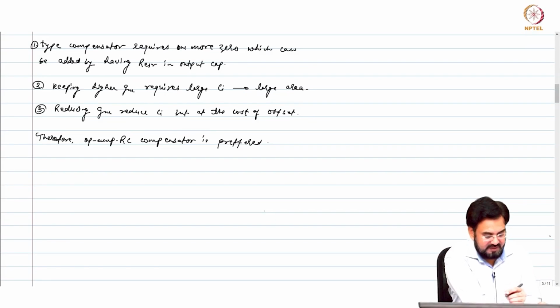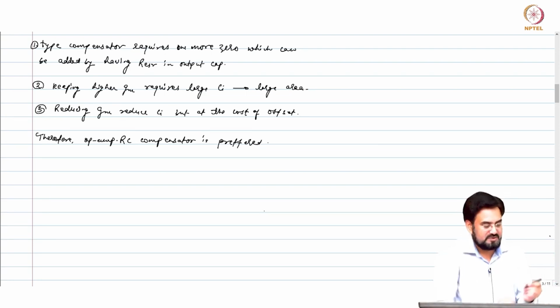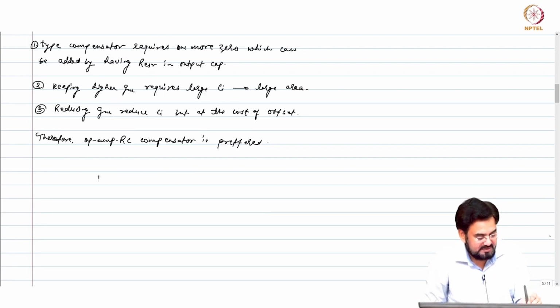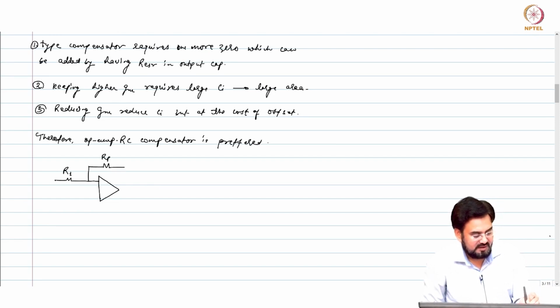So now we have to recalculate everything with op amp. So how do we do this with op amp RC? It's quite simple. This is R1, I will call it RP, and you have CI.